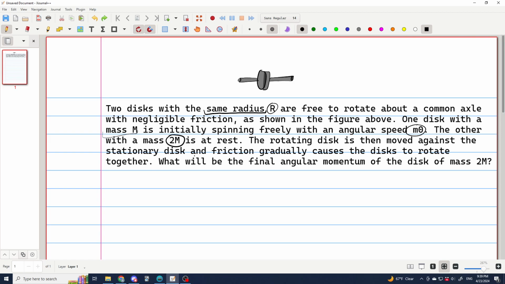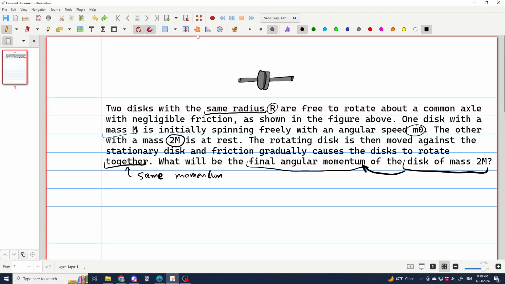Since they're together, we should expect the same momentum. What will be the final angular momentum of the disk of mass 2m? So specifically this angular momentum, not of the total system.